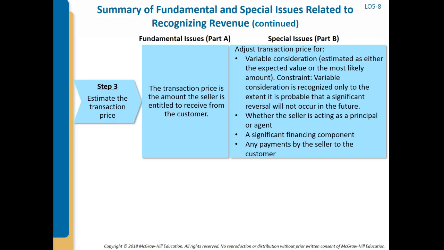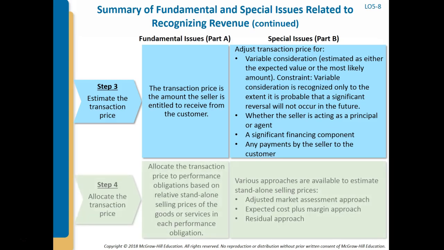Then whether the seller is acting as a principal or as an agent needs to be looked at. A significant financing component if you know that the receipt of the money is not going to happen for a significant time in the future, and any payments by the seller to the customer.